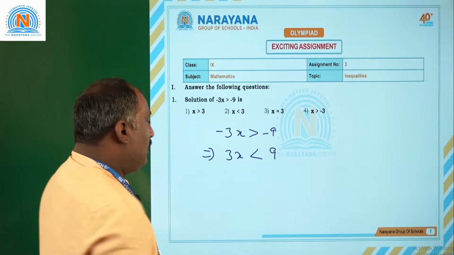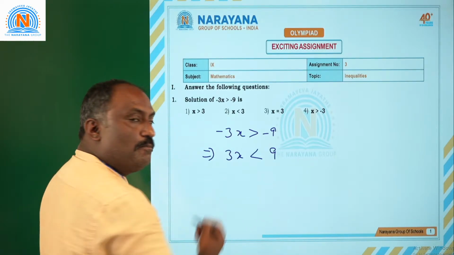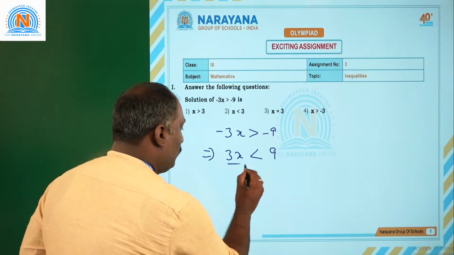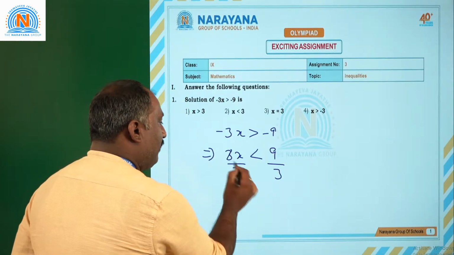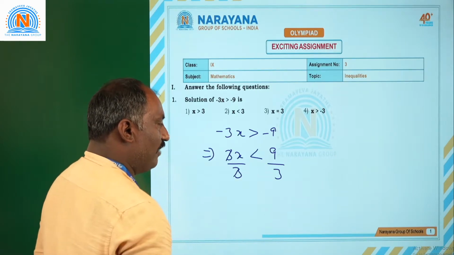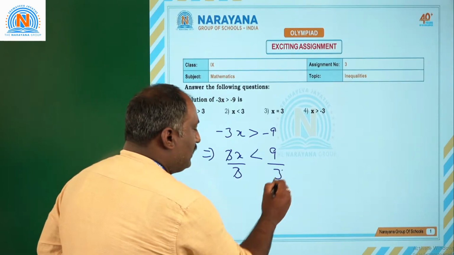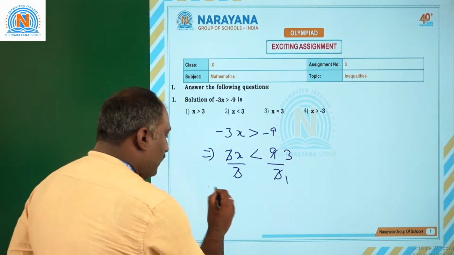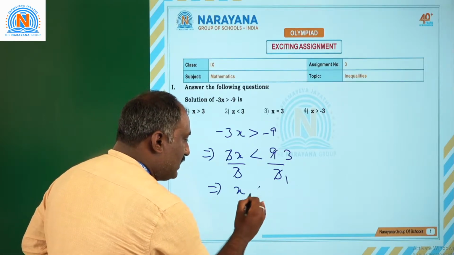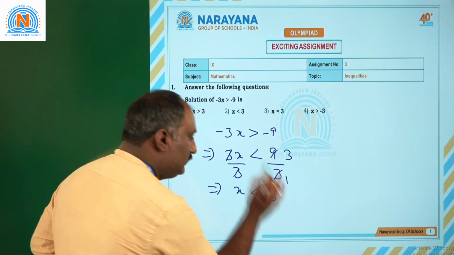So from this one I can divide both sides by 3. Both sides I am dividing by 3, so I will cancel. Here 1 into x, and 3 ones are 3 and 3 threes are 9. So from this one I will get x is less than 3.